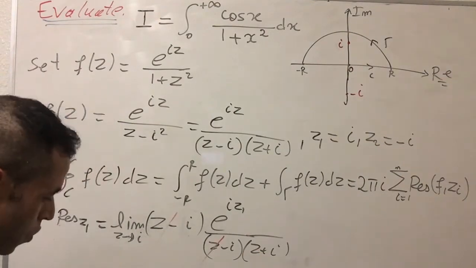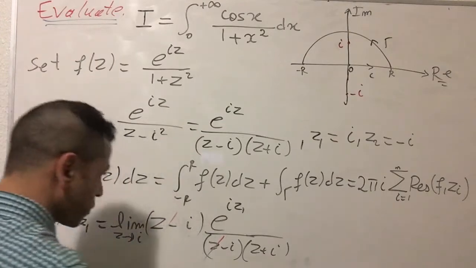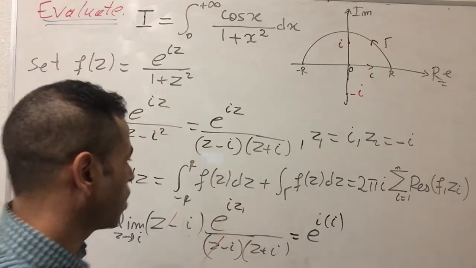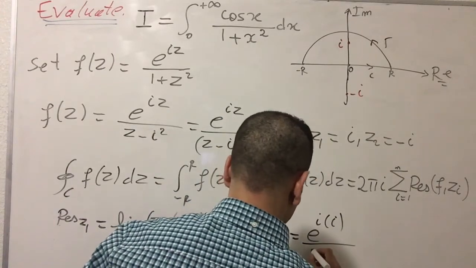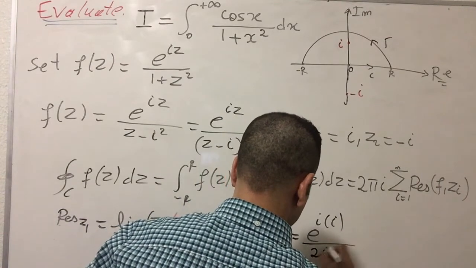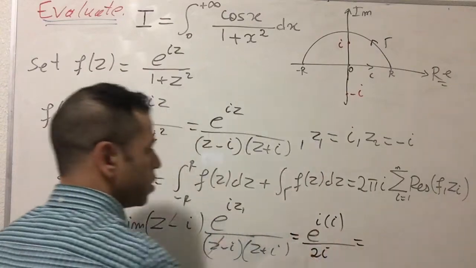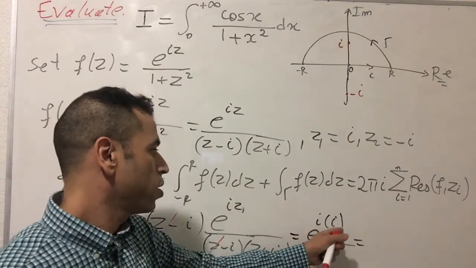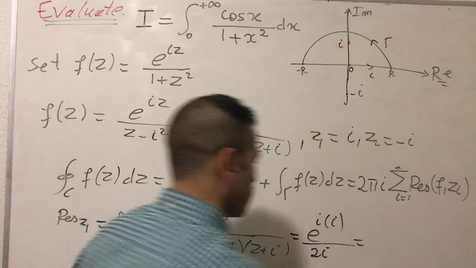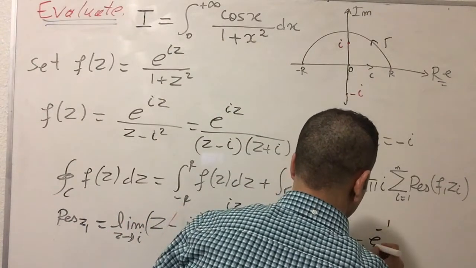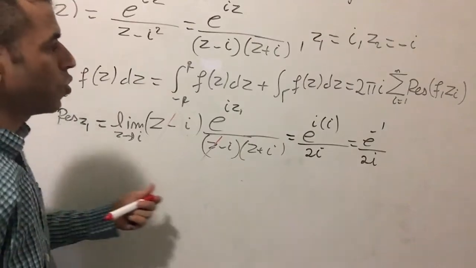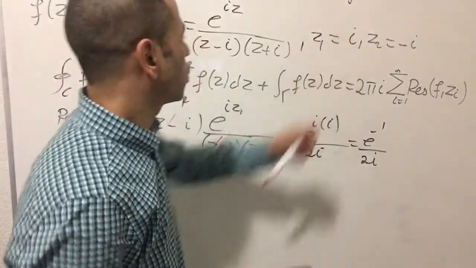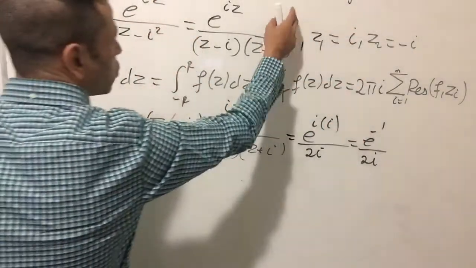So what's left, I'm going to replace z1 with its value, which is i, over i plus i, which is 2i. So we'll have i multiplied by i, which is i squared, which is minus 1, so e to the minus 1 over 2i. The only pole that I have is z1; the other one is out of the contour.